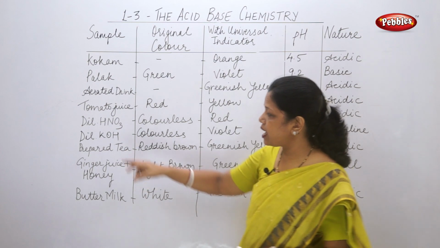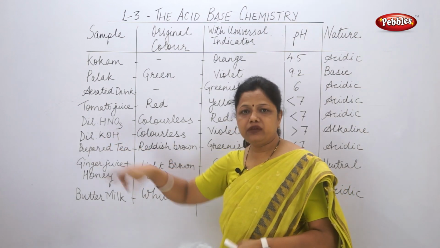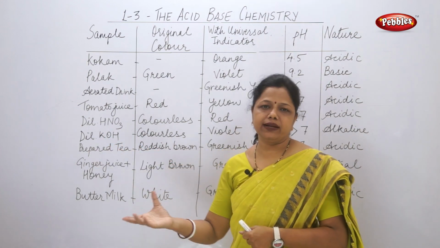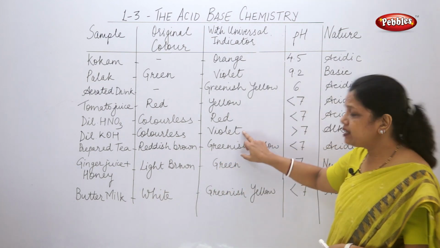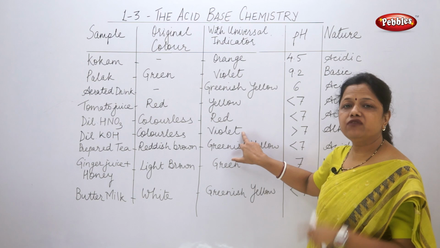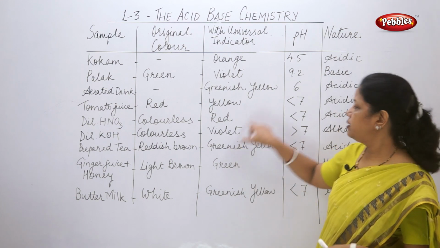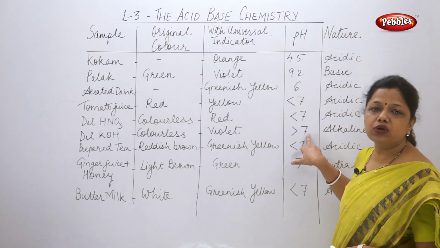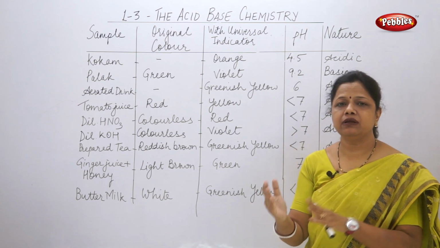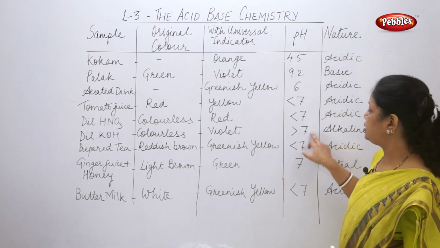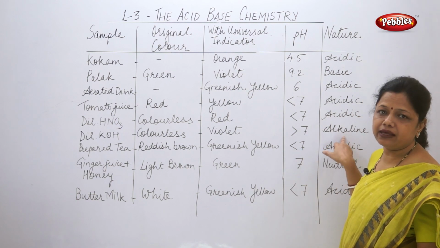Now since I am using dilute one, it will not turn very dark violet, but yes, it will turn to violet in color. When it is turning violet in color, if I match it with the color strip, I can see the pH is more than 7. That means the pH range will be between 7 to 14, and it indicates that it is alkaline in nature or basic in nature.